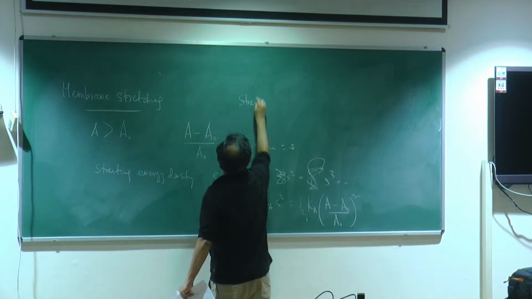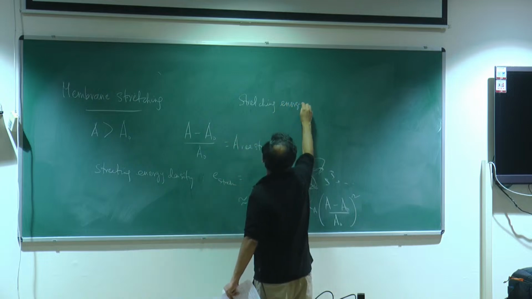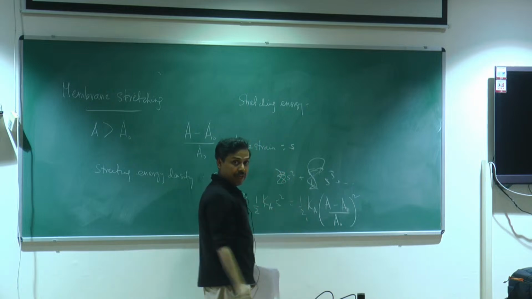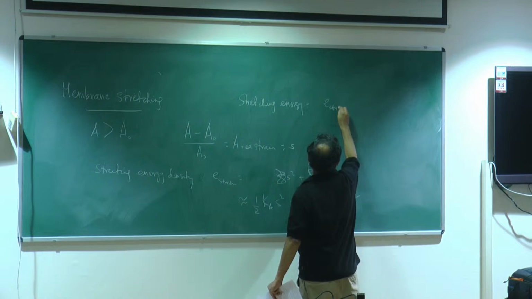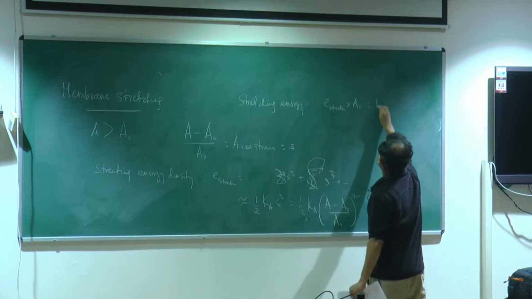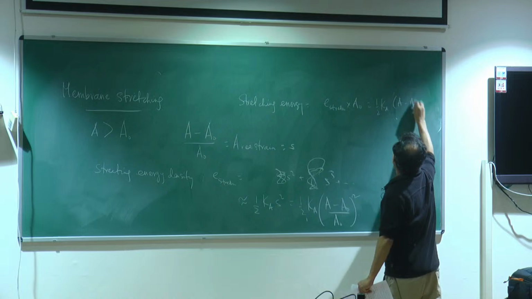The stretching energy would be just taking E stretch and multiplying it with A naught, and therefore I will get half Ka, A minus A naught whole squared, divided by A naught.